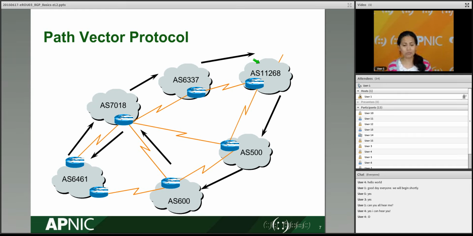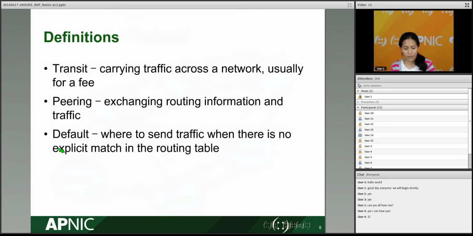So that's what we mean by path vector. It lists all the AS numbers or the networks that I have to pass through before I get to this network. All right, now some more definitions here for us to understand.